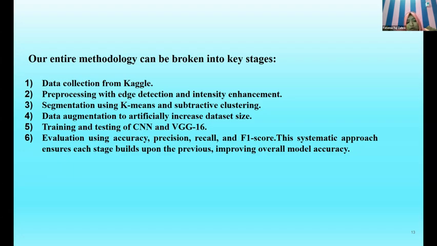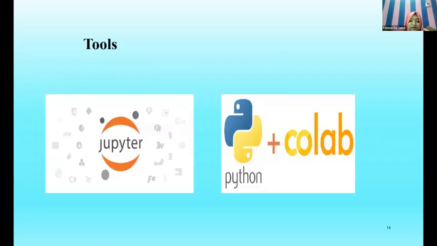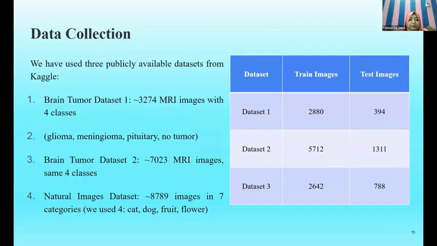This systematic approach ensures each stage builds upon the previous, improving the overall model accuracy. These are the tools we have used: Python programming, scikit-learn, and other machine learning algorithms. We have used Jupyter Notebook and other programming frameworks in our project. So let's begin with the details, starting from the data collection.